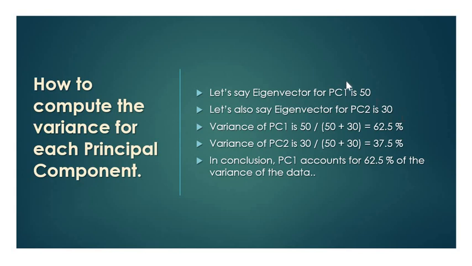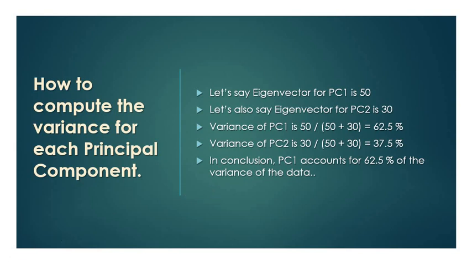To know how much variance is explained by PC1, you say 50, the eigenvalue of PC1, divided by 50 plus 30, the sum of the total eigenvalues of all the PCs that you have. By doing so, you get the percentage of the variance that is explained by the first PC. Once you have the variance of all of your dimensions, and you decide upon the overall percentage that you want to include, that will allow you to choose the number of principal components to include.